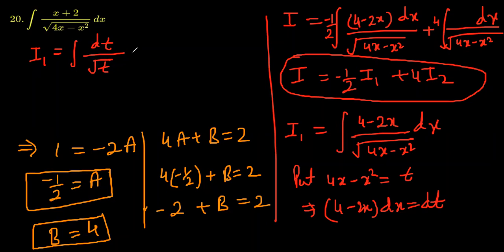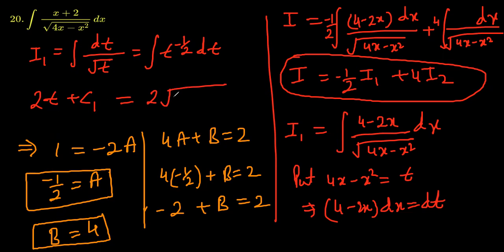And square root of t is the same as t to the power half. From the denominator you take it into the numerator, it becomes t to the power minus half dt. And the integration of t to the power minus half dt is 2 square root t. And we should use a constant. Let's use the constant C1, retaining the value of this t there. So we get I1 is equal to 2 times square root of 4x minus x squared plus C1. Okay, that is your I1.